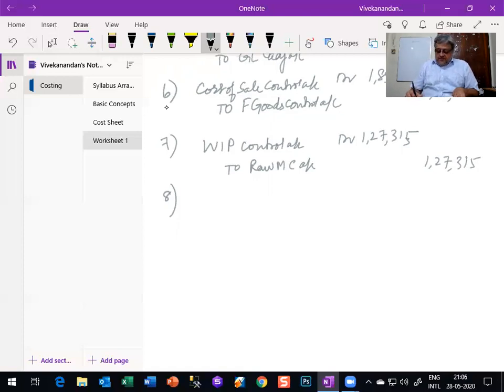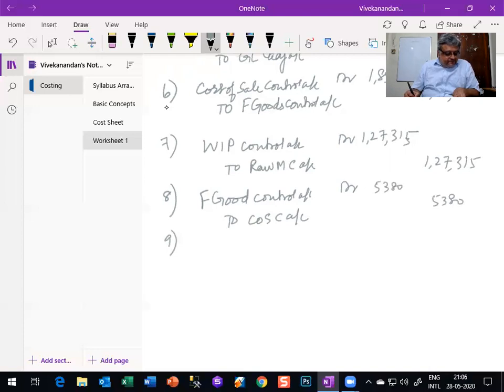Which means finished goods control account debit to cost of sales control account. How much? 5,380.